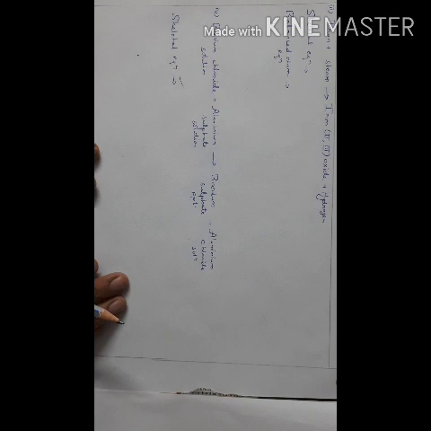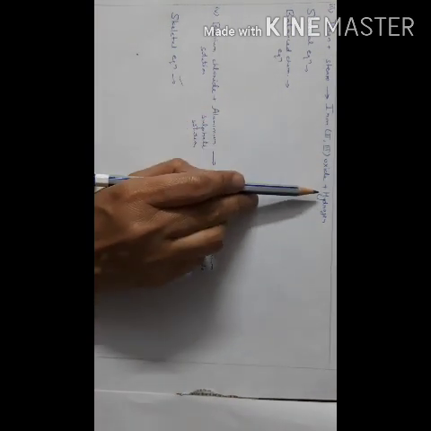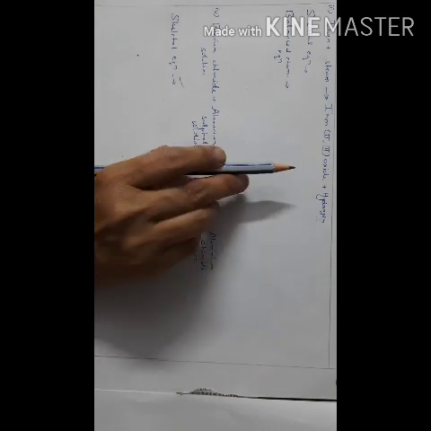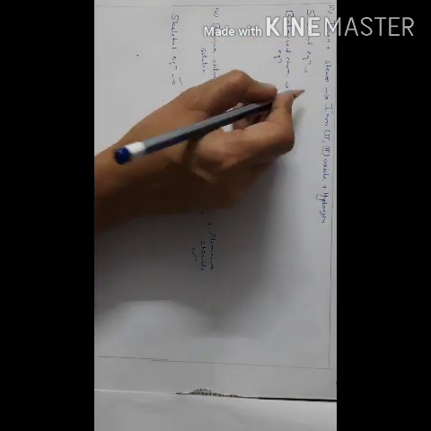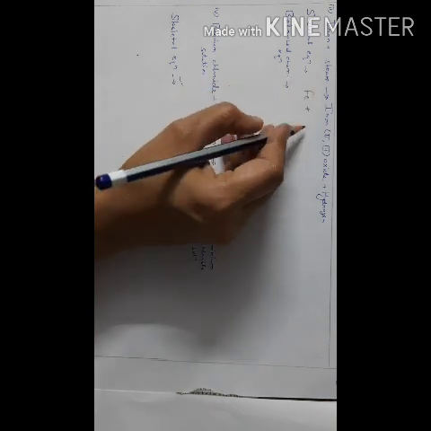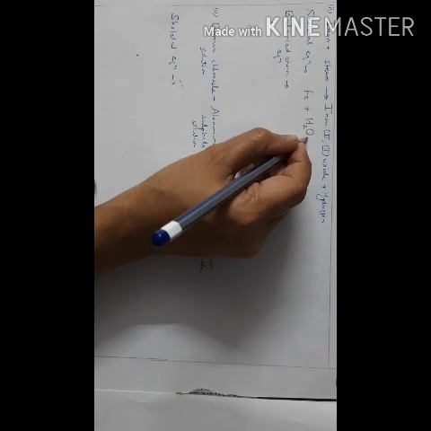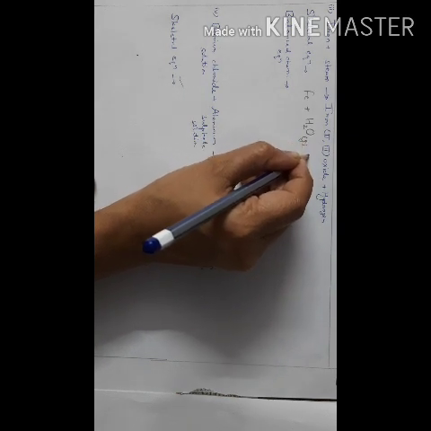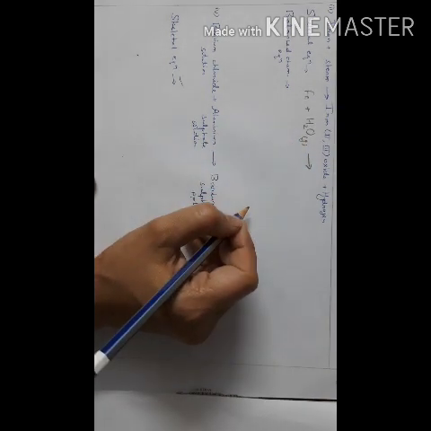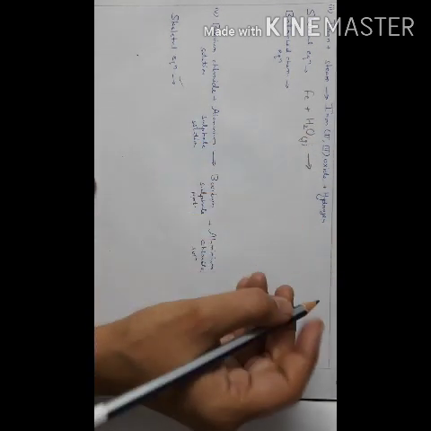That is, iron plus steam gives iron 2,3 oxide with the evolution of hydrogen gas. Iron is represented with the symbol Fe. Steam is nothing but water, that is, it has the formula H2O. Because it is steam, that means it will be in the gaseous state. Now the question arises, what is iron 2,3 oxide?